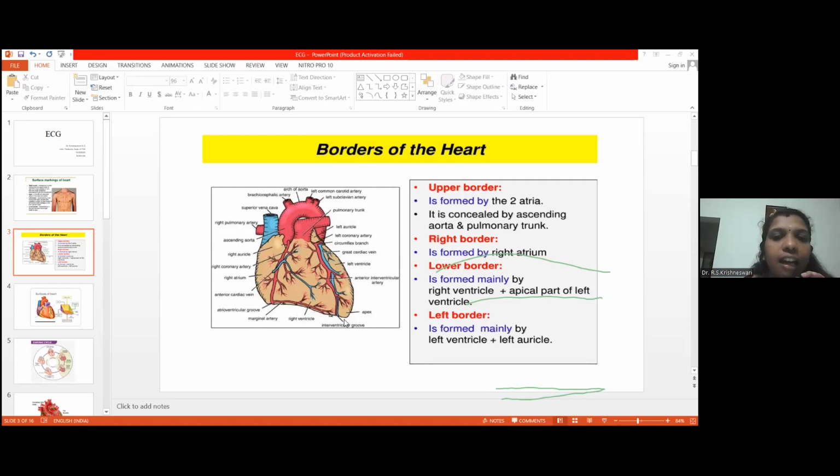The left border is known as the obtuse border, and the inferior border is known as the acute border of the heart.